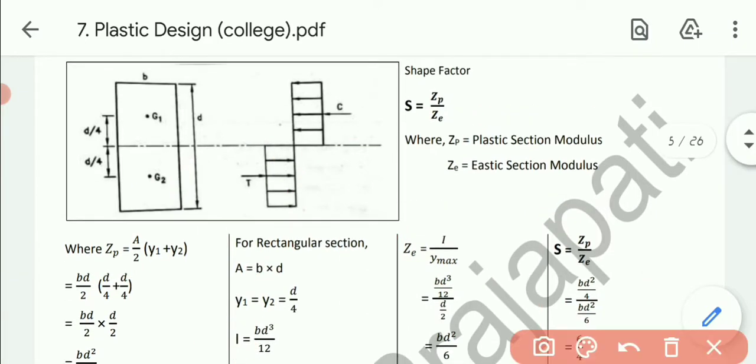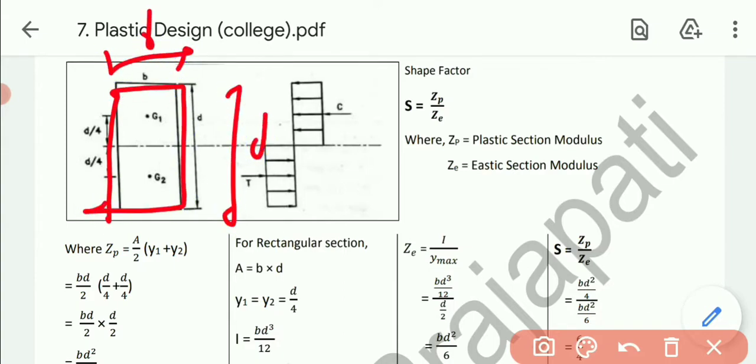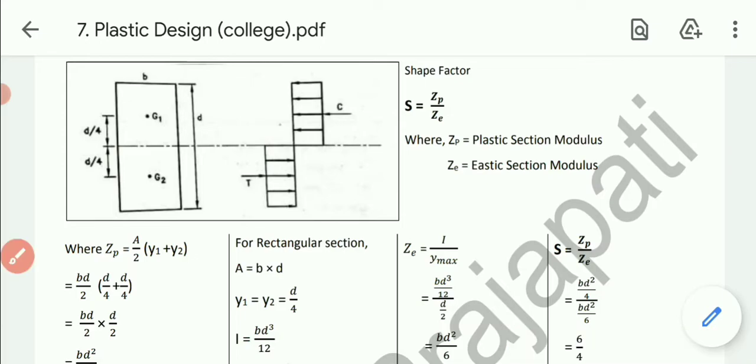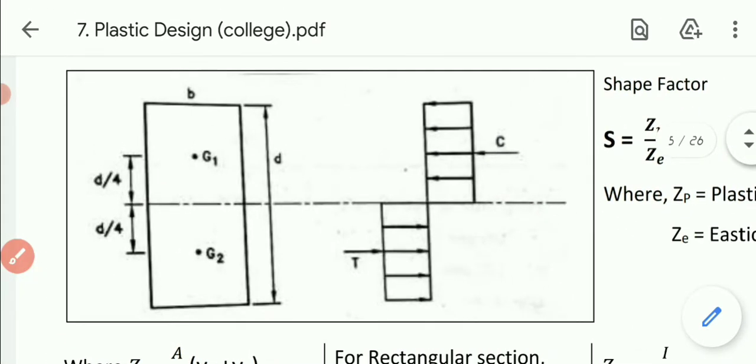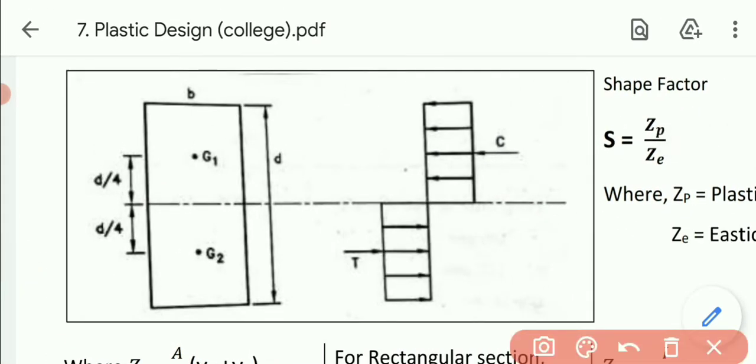Talking about the first unknown, that is area. We know that a rectangle section is there, width is b, depth is d, so ultimately the area will be b cross d. That's the basic equation of the area. Now talking about y1 and y2, let me zoom the figure first of all. We have studied this in MOS. y1 is the CG of the area above the neutral axis, and y2 below it.